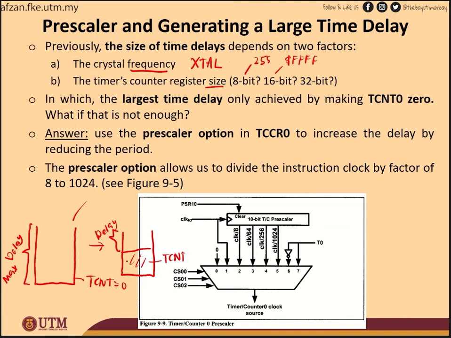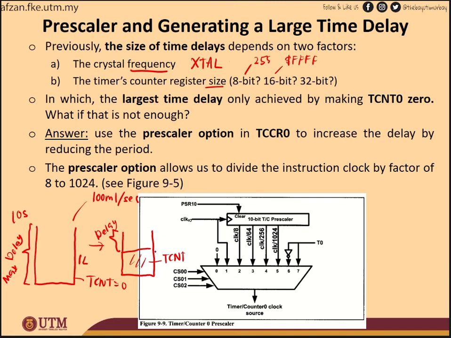Compared to this one, where you put a TCNT value. For example, let's say this bottle is 1 liter, and the flow rate is 100 milliliters per second. If your water bottle is empty and you put the water, you can generate a 10-second delay.